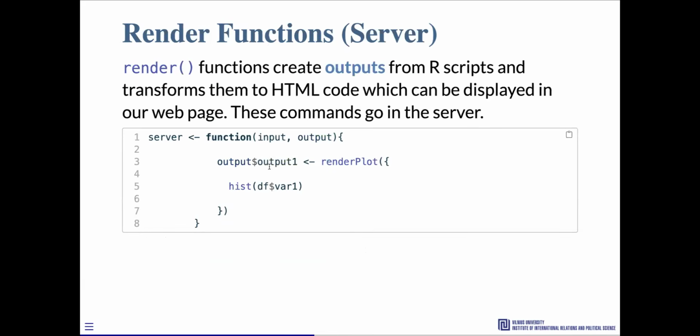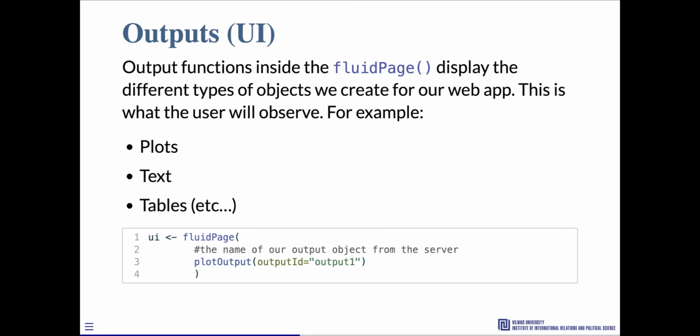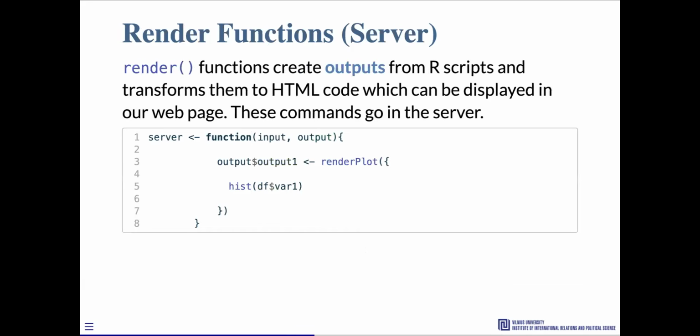Okay, so in the UI, we have two key functions. The input functions, like slider input, checkbox input, etc., and the output functions like plot output, table output, text output, etc. Now, let's move on to our server to see how we can start connecting these pieces.